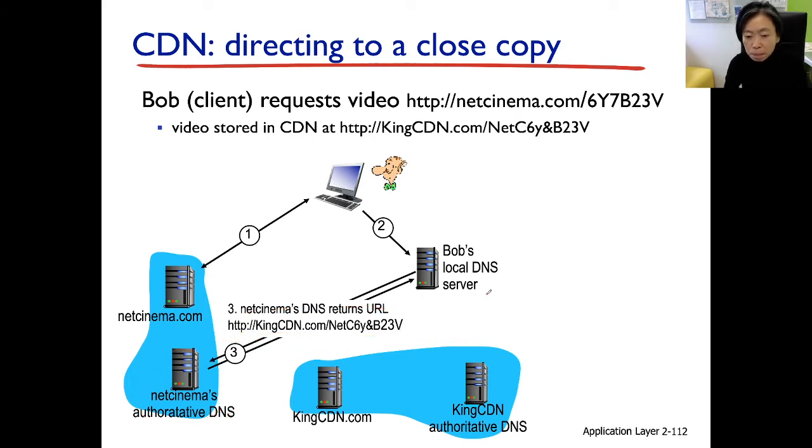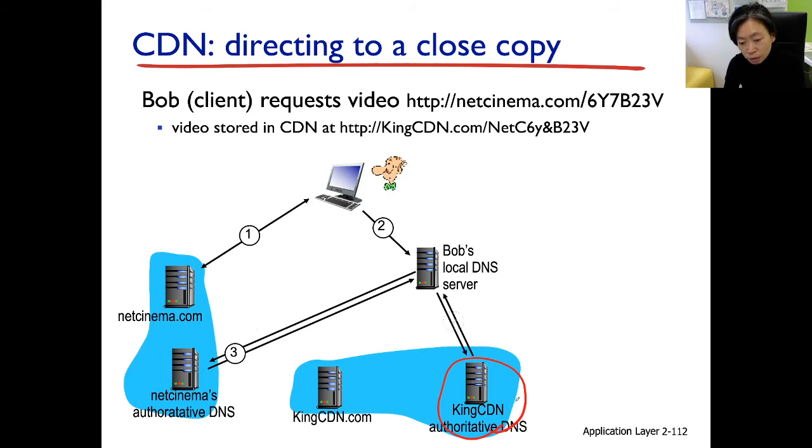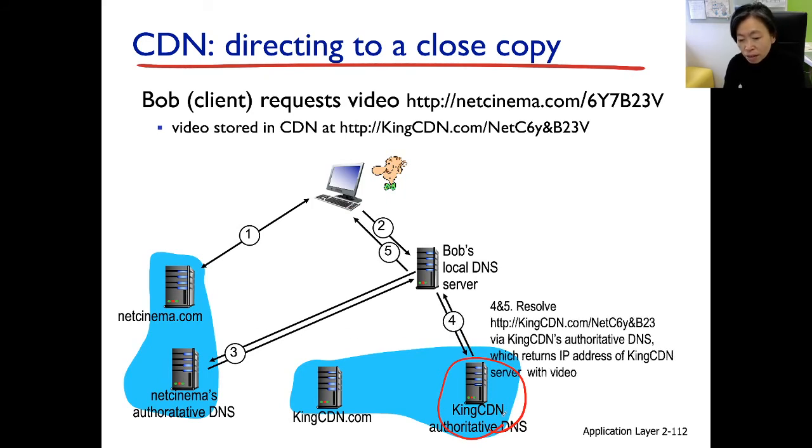At this point, Bob's local DNS then resolves this name instead. Okay. And so it checks the cache, checks with the TLD server, and eventually reaches King CDN's authoritative DNS server. That query goes, and finally King CDN's authoritative DNS server returns the IP address of kingcdn.com.